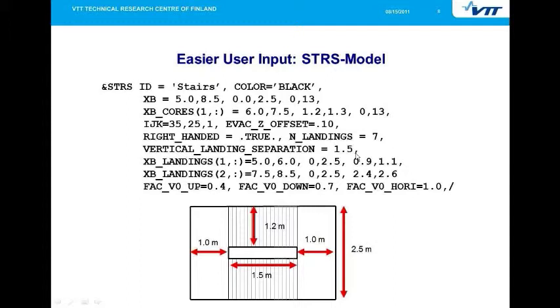And if you are going right-handed or left-handed, and that's all you need to give. And of course, the number of floors. And then how fast you go up, how fast you go down, and how fast you go on horizontal. So that makes it much easier to make staircases in FDS+Evac.